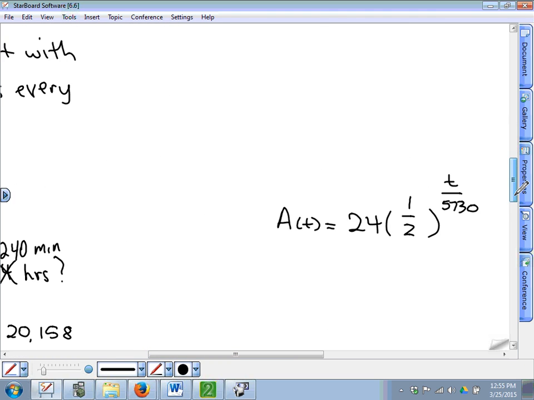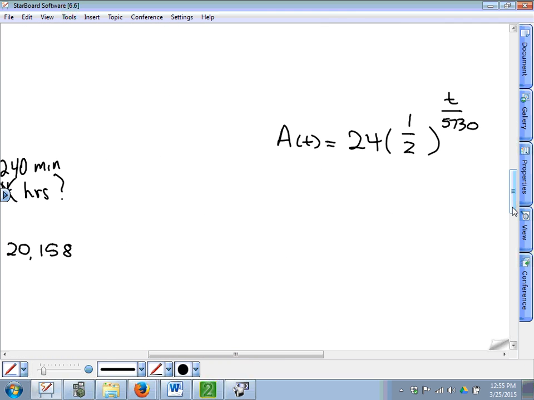So going back to this, this would be your model. 24 to the T over 5,730, but man, they got tricky on this. 30 millennia. So you're not going to put in a 30 for T, you're going to put in 30,000. So again, not a real difficult question there. Guys think you can handle that one?